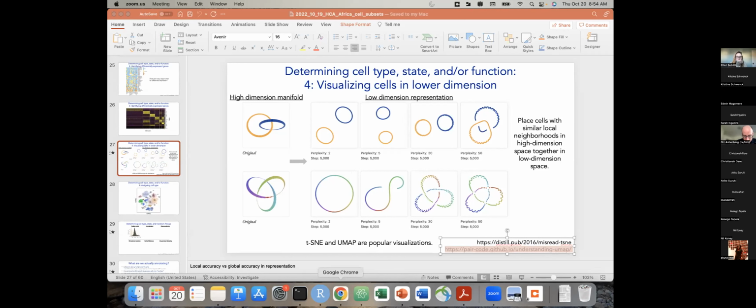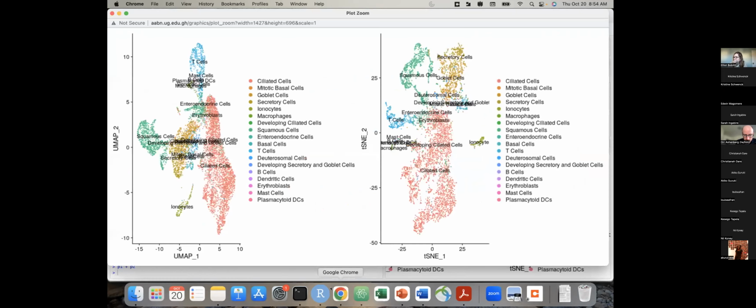Are there any other questions? Is there anything to infer from the distance between the clusters? Good question, Peter. Is there a difference between the ionocytes and the ciliated cells versus ionocytes and T cells? The simplest answer is just no, there's no real difference in the distance between clusters.